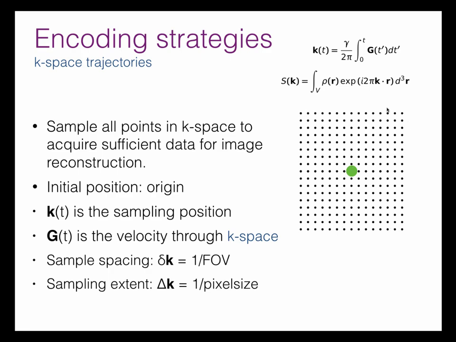So if we want smaller pixels, we have to have a bigger k-space, and so it generally takes more time. Another point to consider is that g of t, our gradients, can't be arbitrarily any waveform you like. They're basically limited because of the physical constraints of the capabilities of the MRI scanner and the limitations on the gradient amplitude and the slew rate that can be applied. So that also limits the rate at which we can traverse this trajectory through k-space.